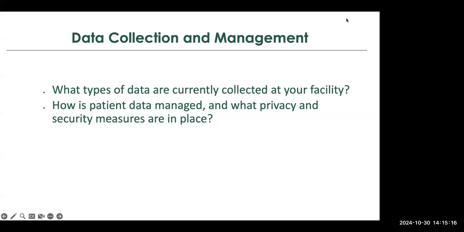I know that for us, one of the barriers that we run into, specifically around SOGI data, so the sexual orientation and gender identity, is that patients don't always want to disclose their sexual orientation and gender identity because they may be at a clinic that's connected to, say, the shelter or the congregate care setting. And so sometimes there is some hesitation from our patients to share that type of information.